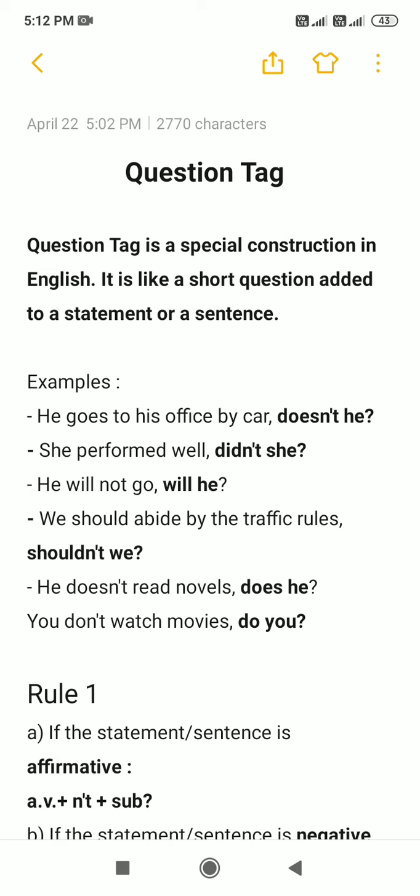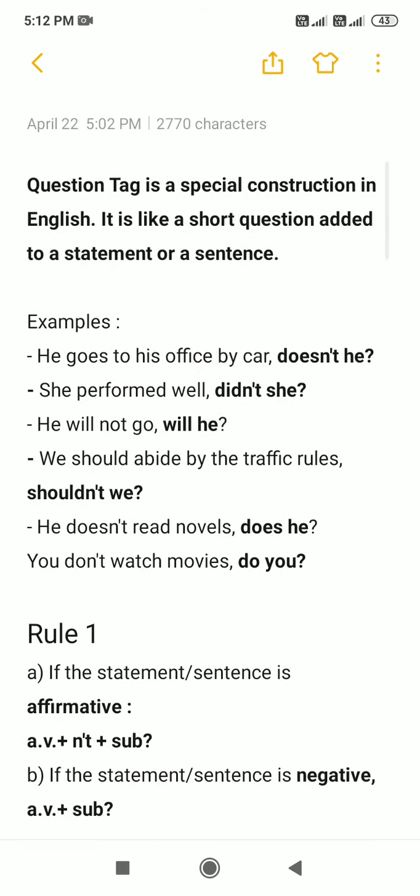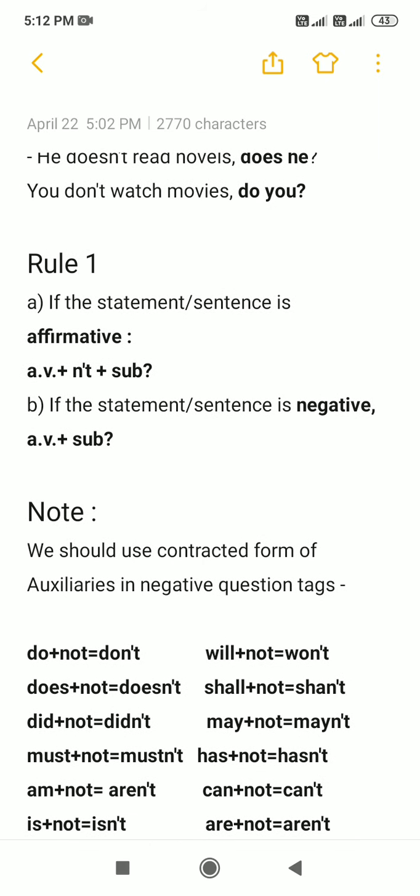Now, look at the other example. He will not go. The statement is negative and the question tag is affirmative. Will he? Now, for this, we have two rules to understand. These rules will help you a lot to add question tag against each sentence. Rule number one.